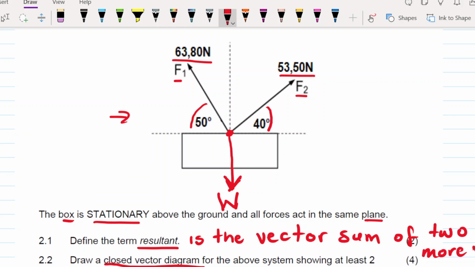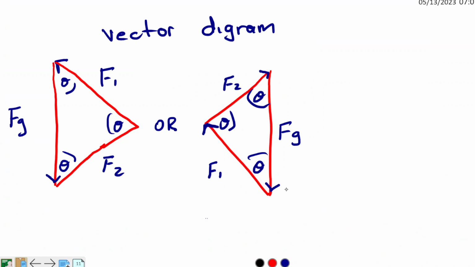A vector diagram is something that looks like this, a triangle of all 3 vectors, and these vectors are forming a resultant of 0 because they are in a closed system. You can either do it this way or that way, but you must indicate at least 2 angles when you draw your vector triangle.